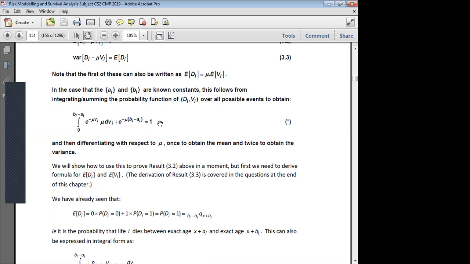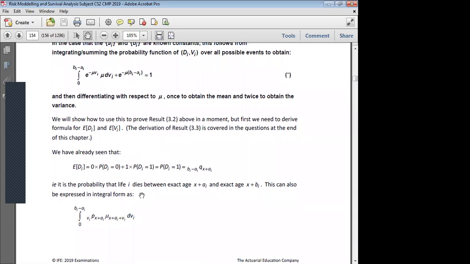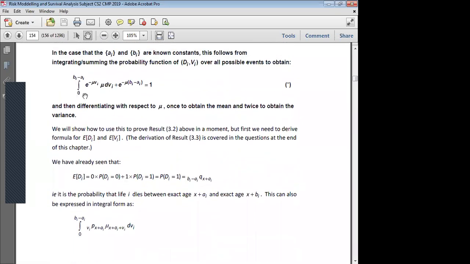So now what we'll do is we will use this identity to prove certain things. So let's see. Do you guys understand this integral and this expression here? Each one of you? Yes, ma'am. What about Vanshita? Yes, ma'am.